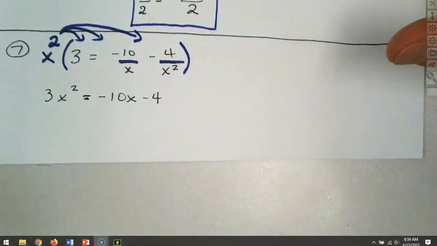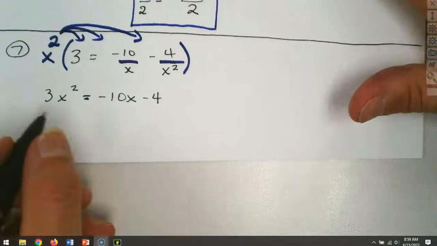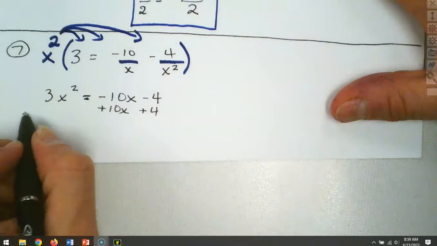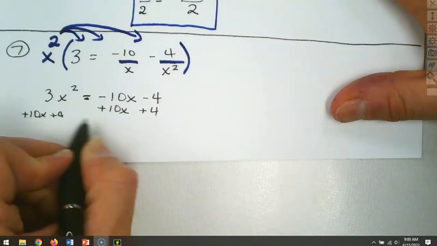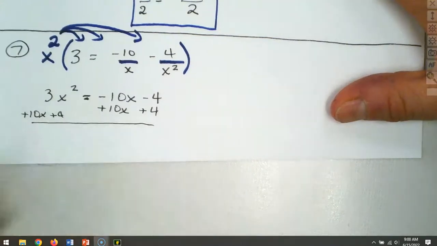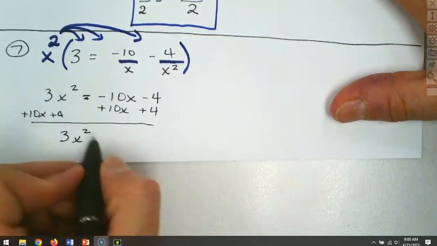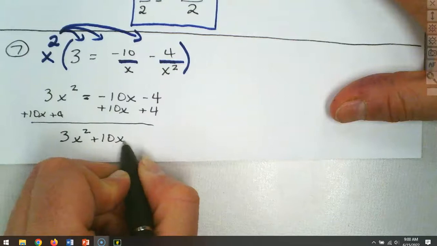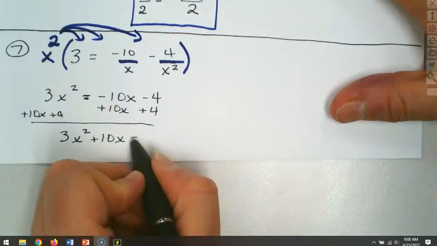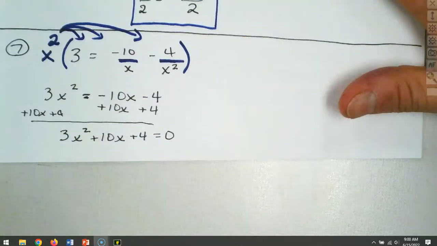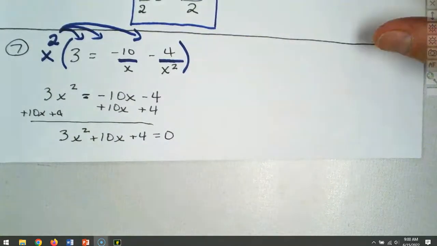Now we're going to go ahead and rewrite this in the correct order. So I'm going to move 10x over and 4. And that leaves me then with the 3x squared. We've got a positive 10x and a positive 4, and that equals 0. And we can now go ahead and find our a, b, and our c.